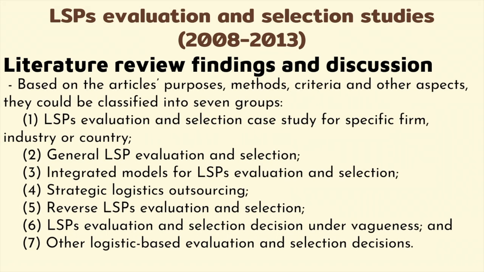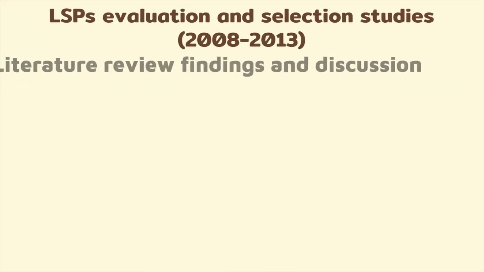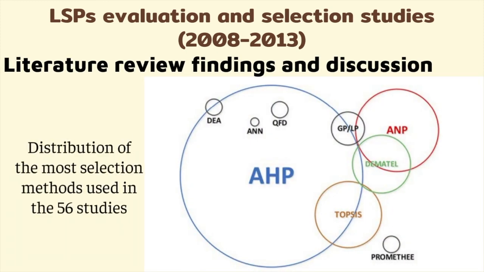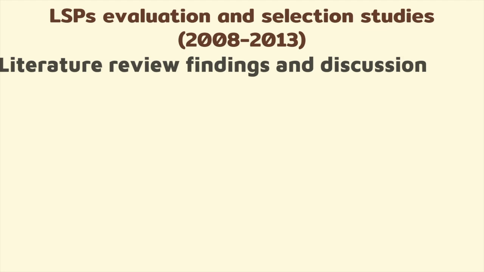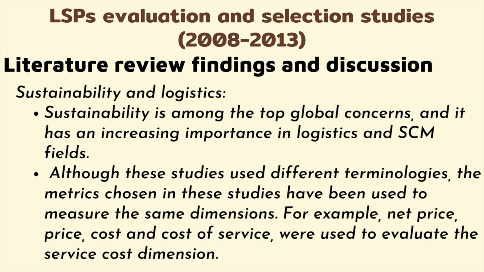Based on the purpose, method, criteria, and other aspects, they could be classified into 7 groups. Here is a diagram of AHP and other judgment methods, showing the distribution of the most used selection methods in the 56 studies.